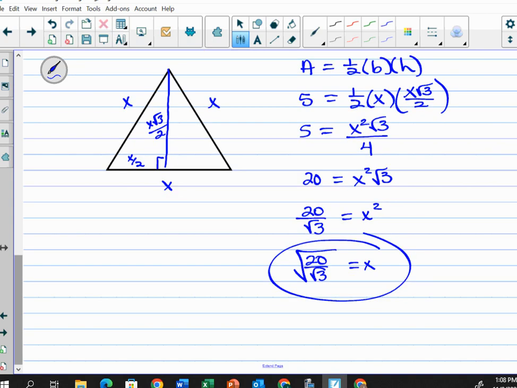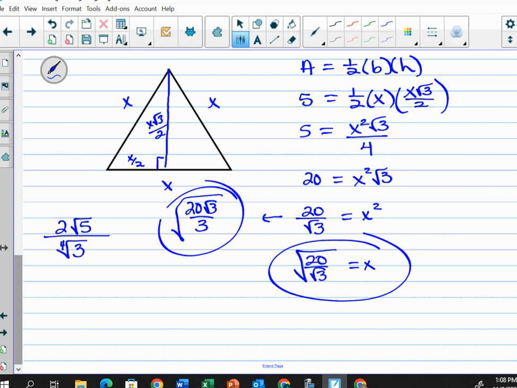Some other answers that are the same as this, you could technically have 2 root 5 over the 4th root of 3. Some of you tried to rationalize. If you rationalized from here, and then the square root of that, that is an acceptable answer.